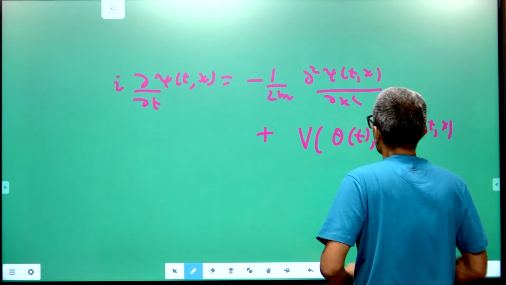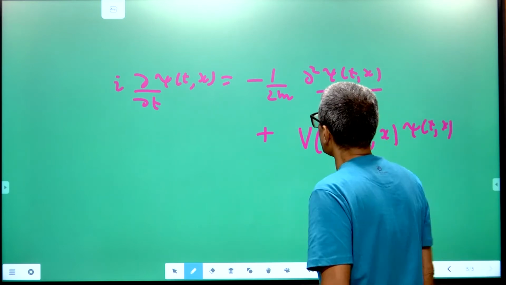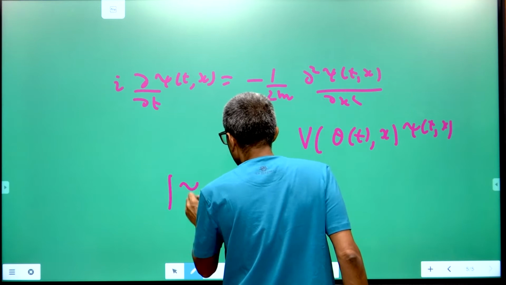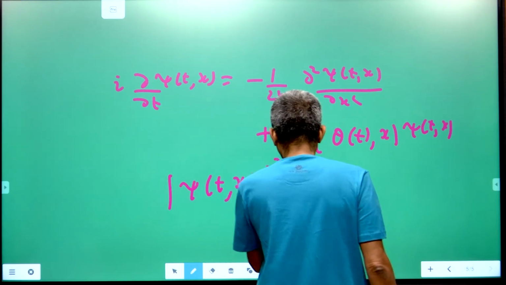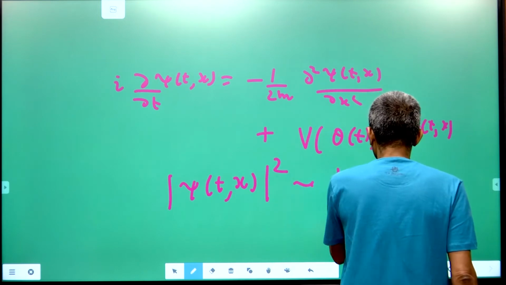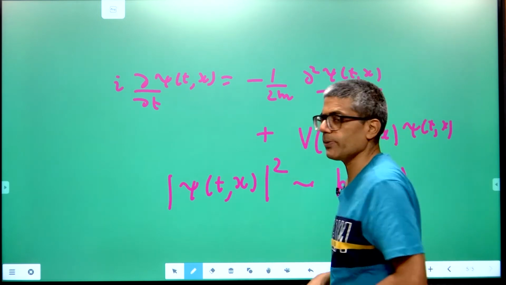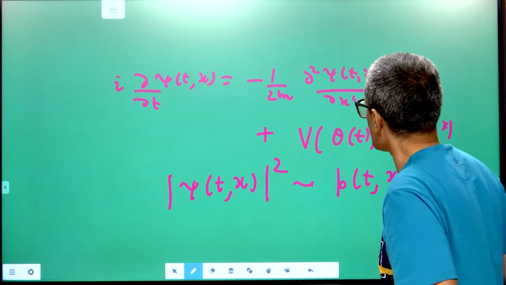This is a potential, and you can control the parameters theta t so that mod psi t x square, the probability density at time t of the position variable, tracks a given probability density function p t x. You should track it as close as possible.